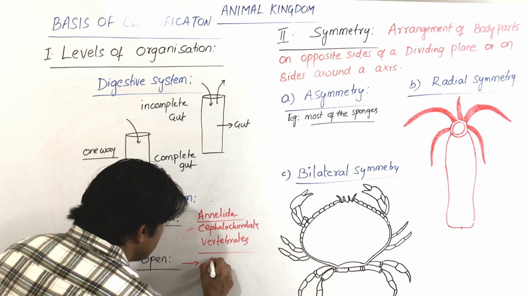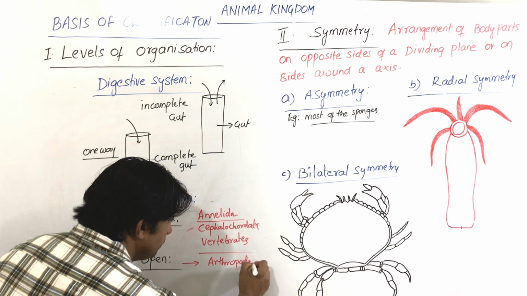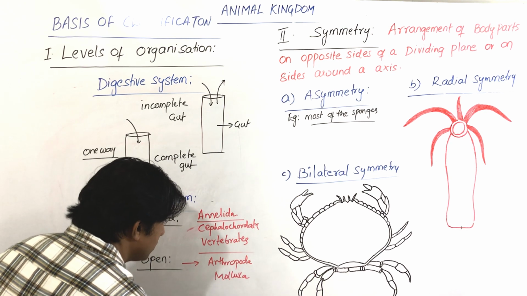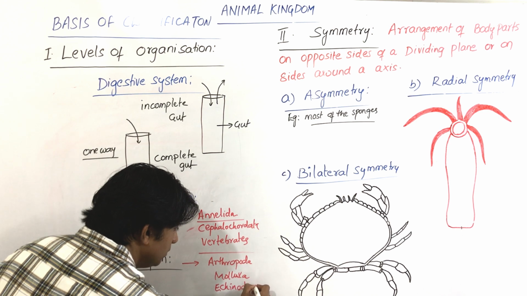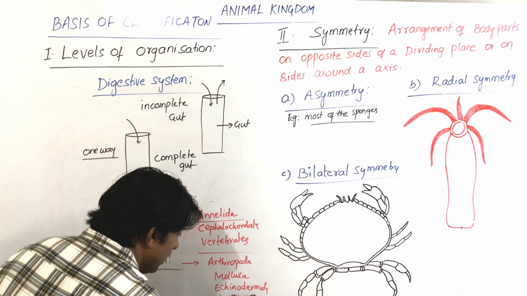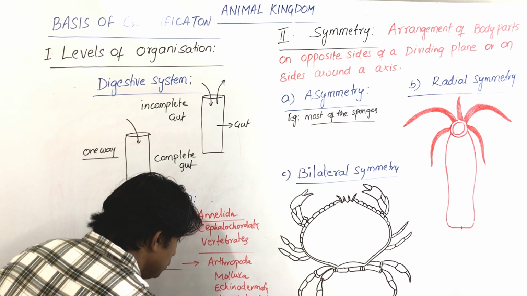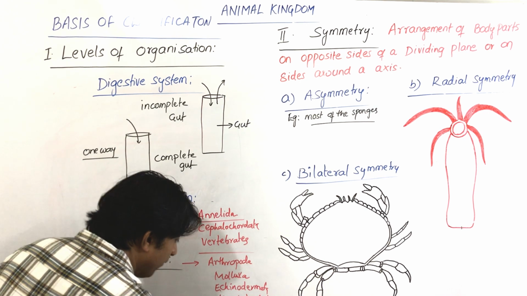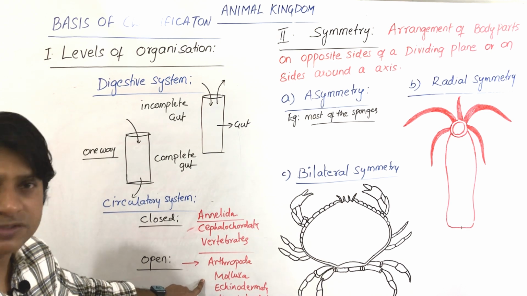Open type of blood circulation is found in phylum Arthropoda, phylum Mollusca, phylum Echinodermata and phylum Hemichordata and Urochordata. Urochordata is a subphylum. In all of these, circulation is open type.